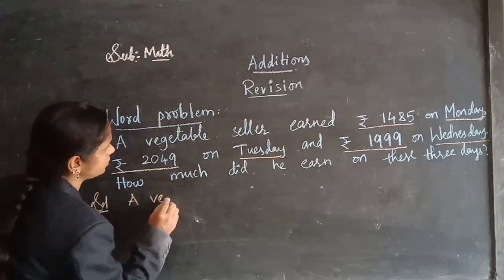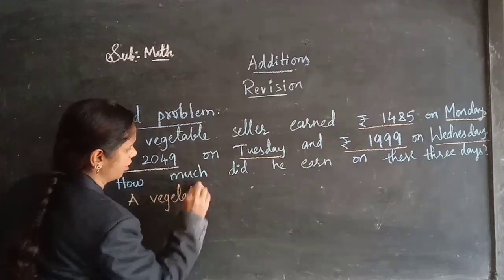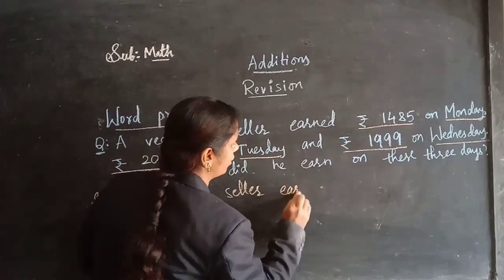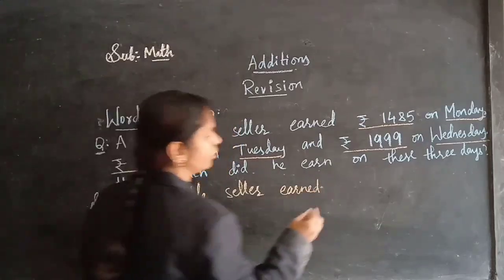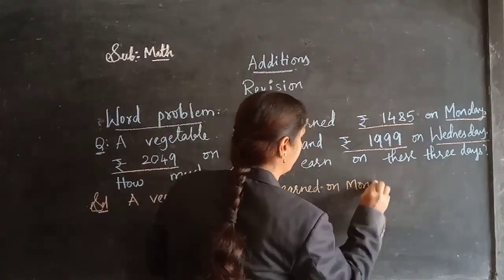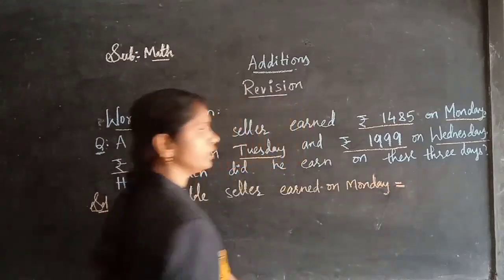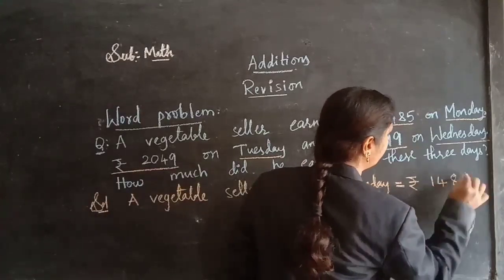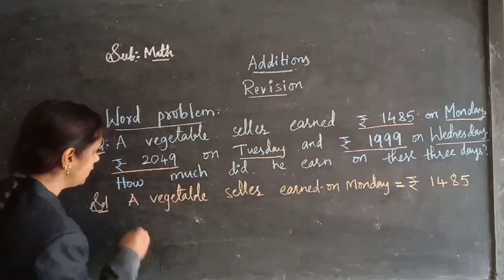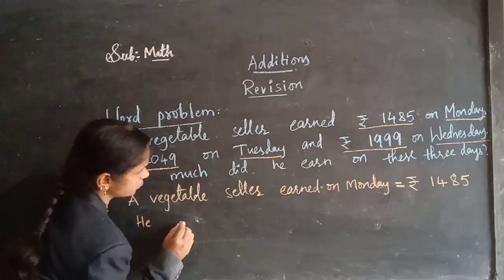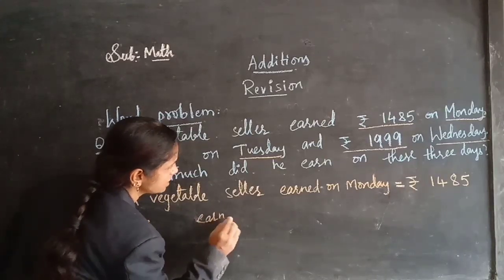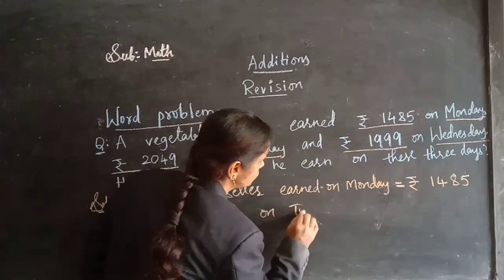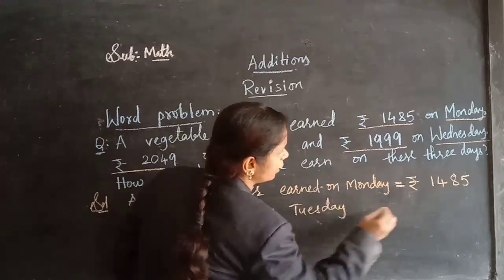A vegetable seller, and on Monday, how much amount did he earn on Monday here? 1,485 rupees. Next, he earned, he means the vegetable seller, children, he earned on Tuesday.